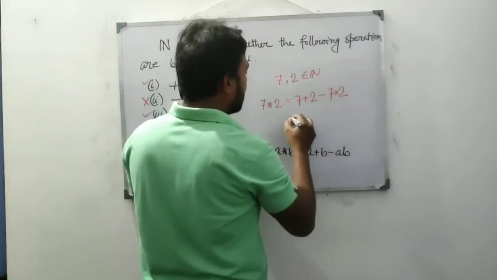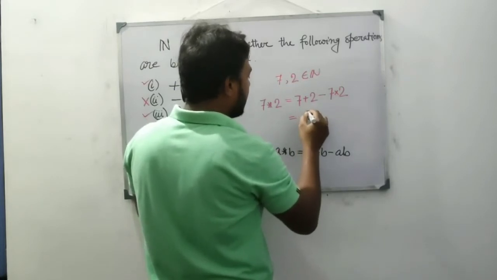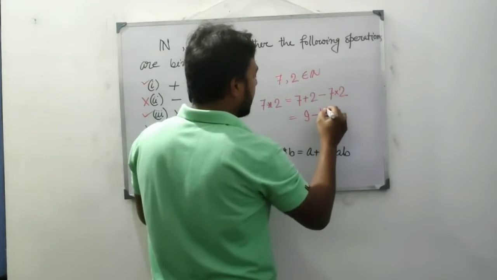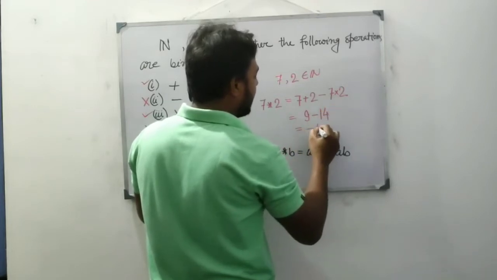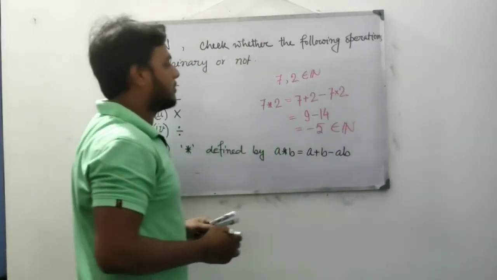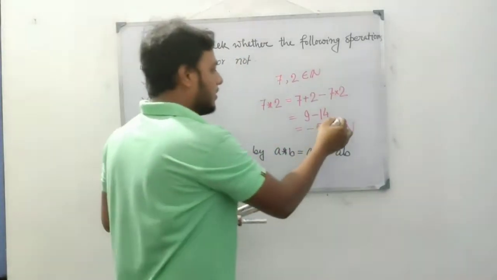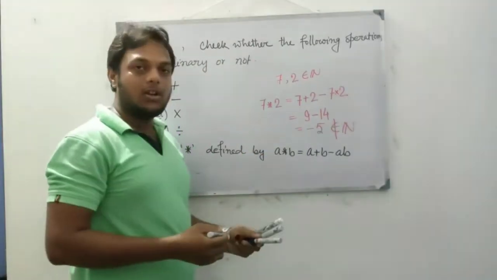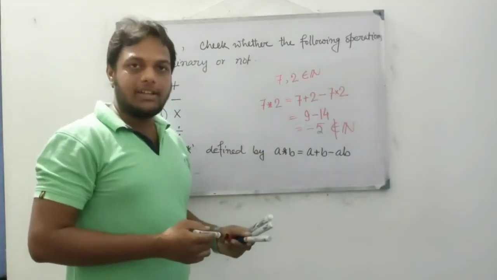So 7 plus 2 means 9, minus 7 into 2 means 14, equals minus 5. It is not a natural number, so it can't be a binary operation. Hope you get the idea.